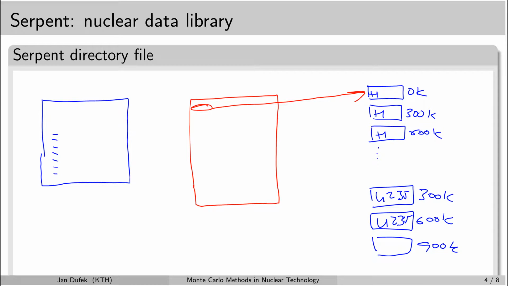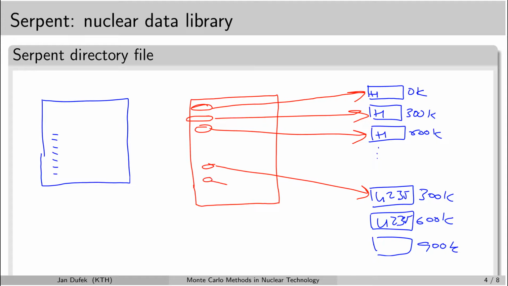The name for hydrogen at 0 Kelvin will be different from the name for hydrogen at 300 kelvins. So this directory file will contain many lines. Each line will be devoted to one nuclide at a specific temperature, and it will contain the links or paths to the different files in the file system.